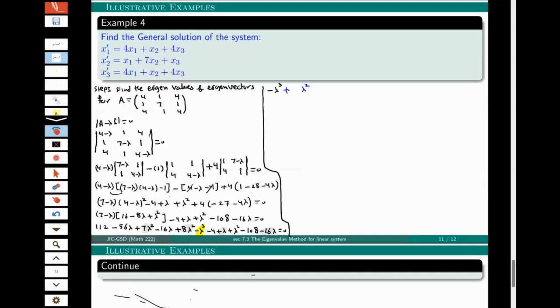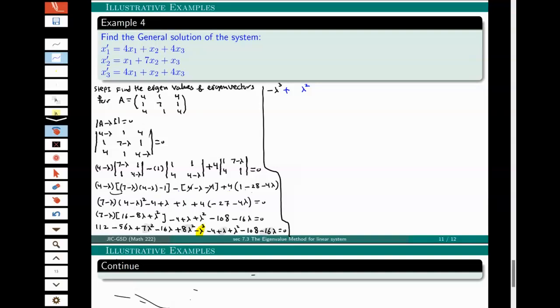That's not lambda squared actually. I have minus of minus will be just a plus lambda. There is no lambda squared. So, okay, that's the mistake. That's what we have here: 7 minus lambda times that one, and 4 minus 4 plus lambda. And here I have minus of minus will be plus lambda.